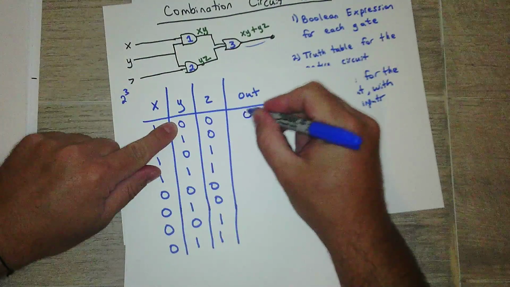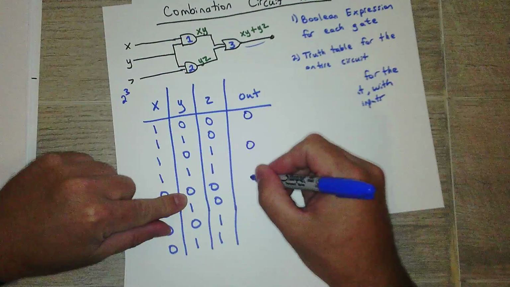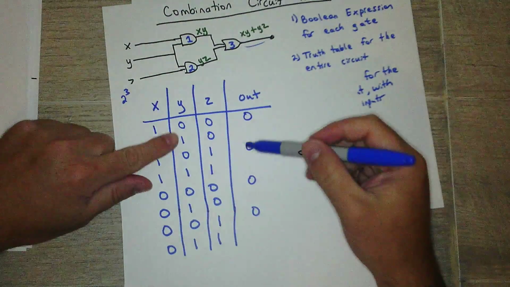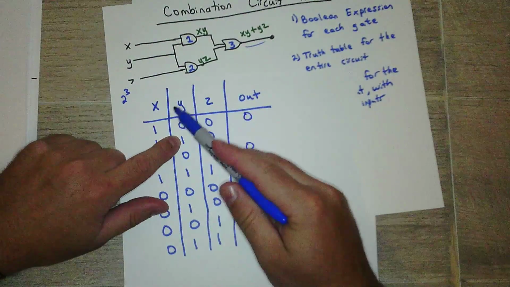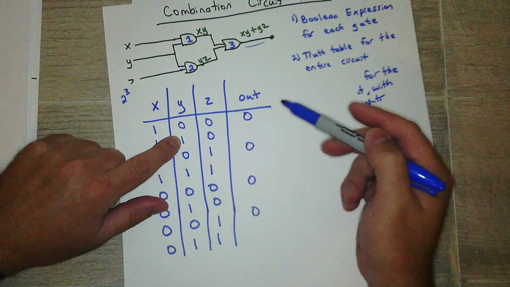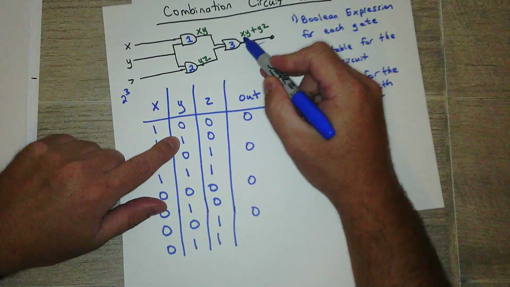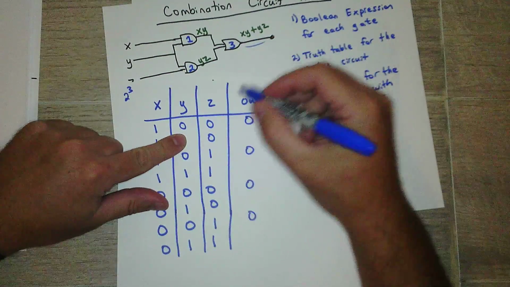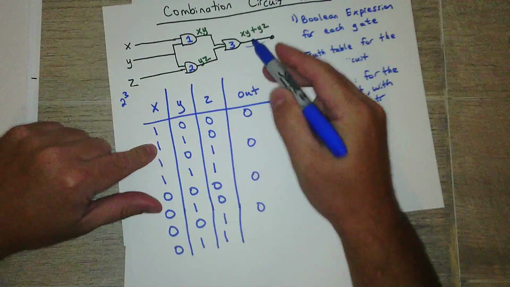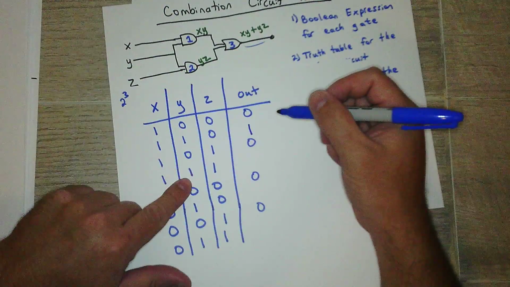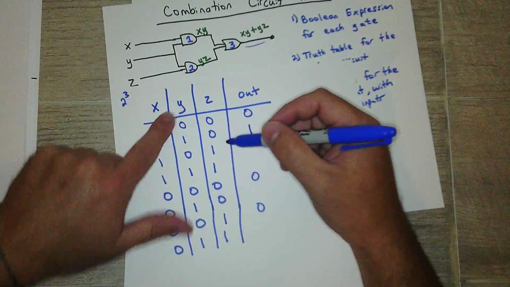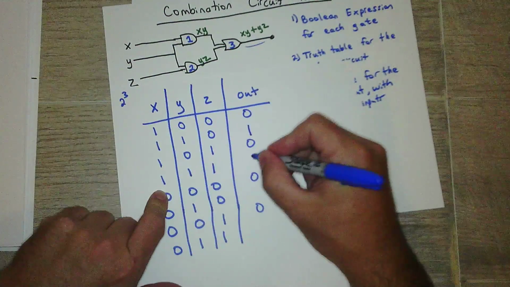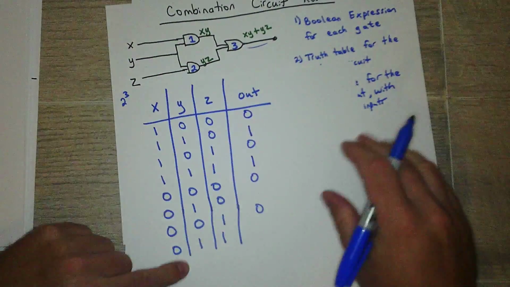So anytime Y is 0, I'm just going to put a 0, so I don't have to worry about those. Now let's look at when Y is on. When Y is on, as long as one of the other inputs is on, the output is on. So X and Y are both on, or Y and Z. We have at least one of these situations, so that's on. Here, Y is on, X and Y is on, or Y and Z is on. In this case, we have all of that on, so the output's on.